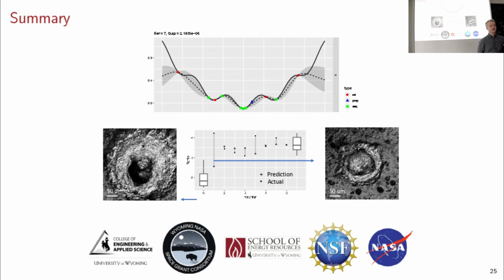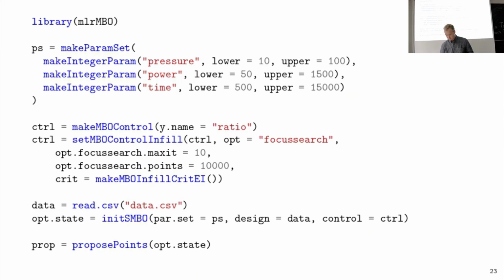Yeah, so that would essentially be, well, let me go back to the code here. That would essentially be an adjustment of the parameter space. I should emphasize, we haven't done this, but you can also specify dependencies and weird things in your parameter space. So we could also encode that we don't want combinations where we have large power and high duration, but large power and low duration is fine.